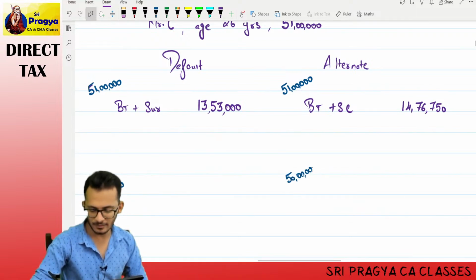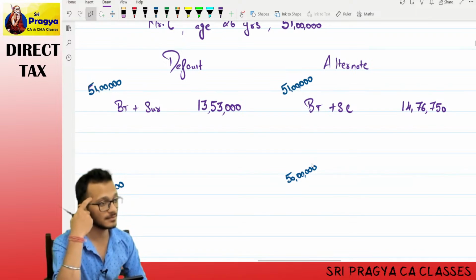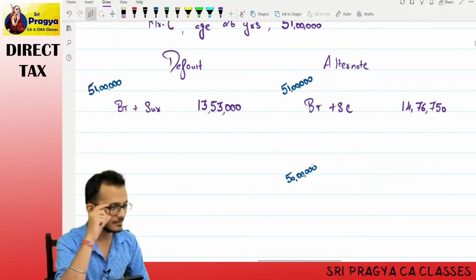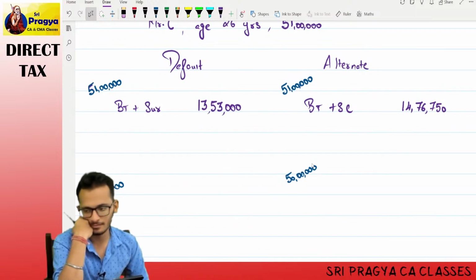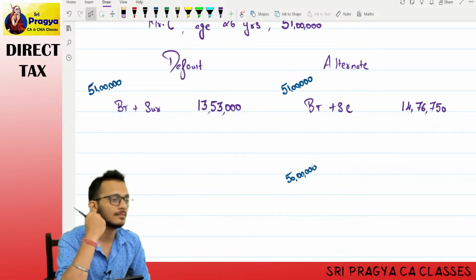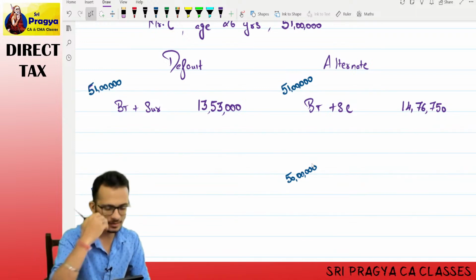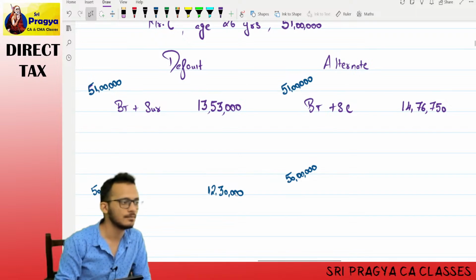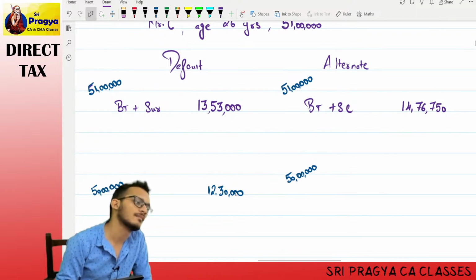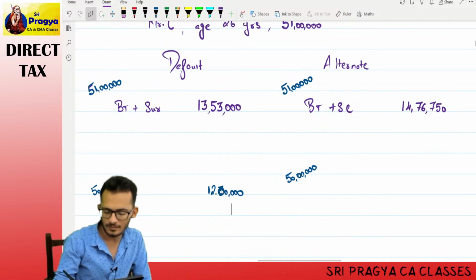Just to clarify, surcharge on 50 lakhs is? Go ahead. Yeah, before surcharge. 12,30. 12 lakhs.